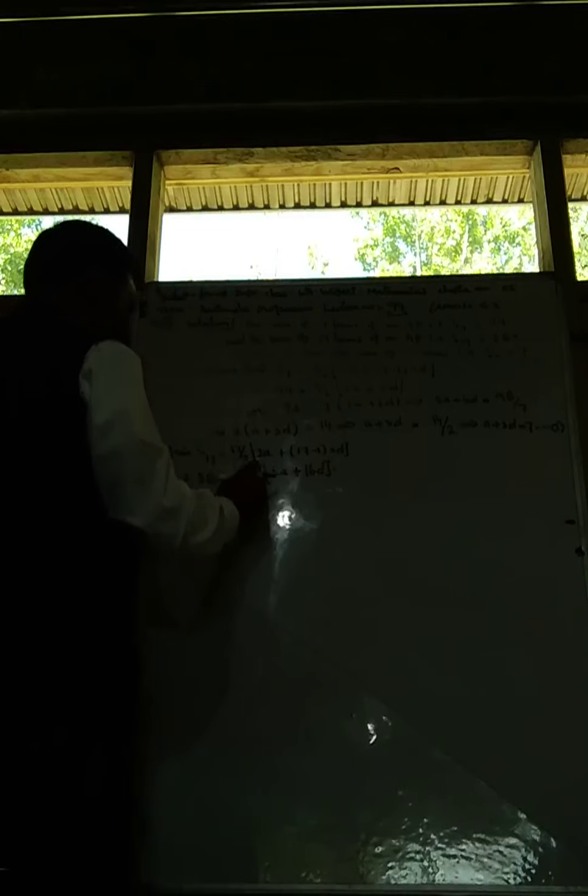Or, we will write this sum 289 times 2. 2 nines are 18, 1 carry on; 2 eights are 16, 1 is 17, 1 carry on; 2 twos are 4 and 1 we have 5.